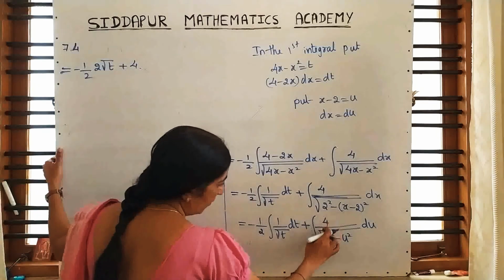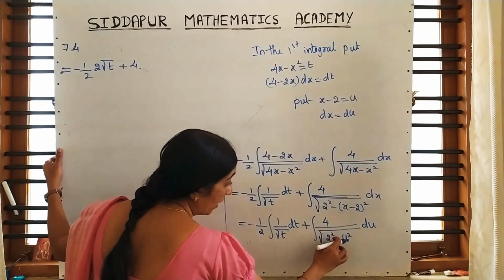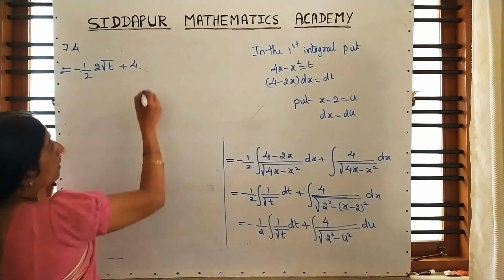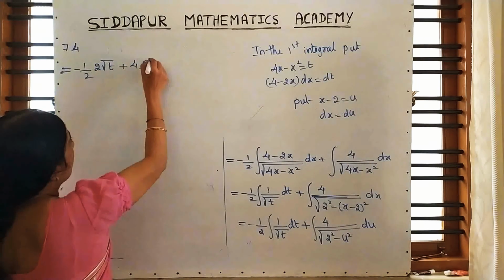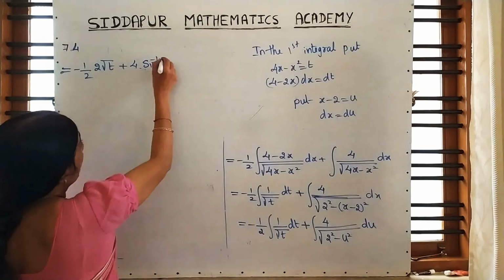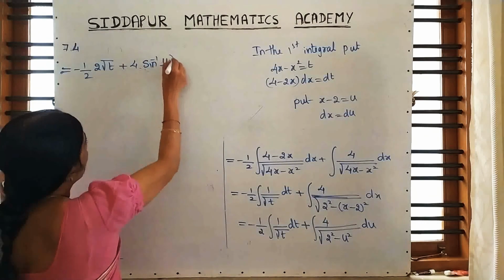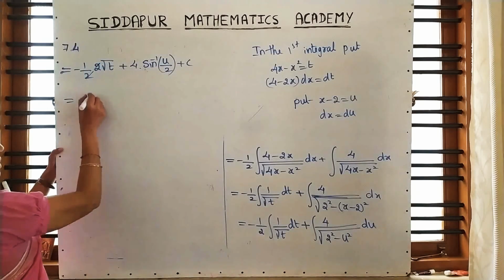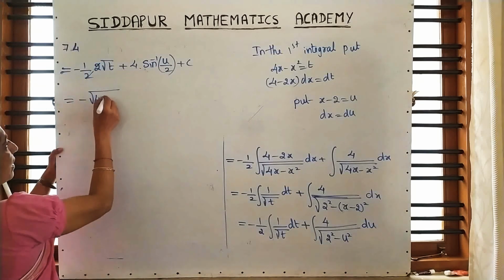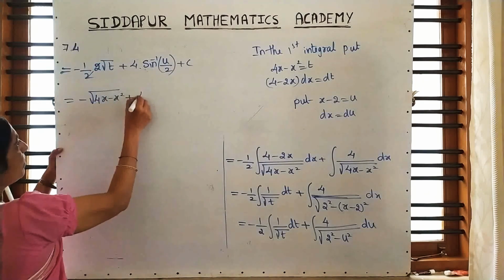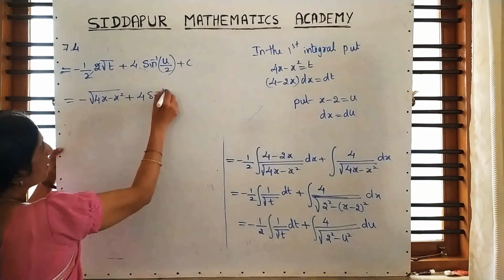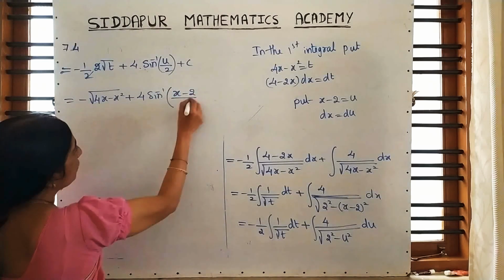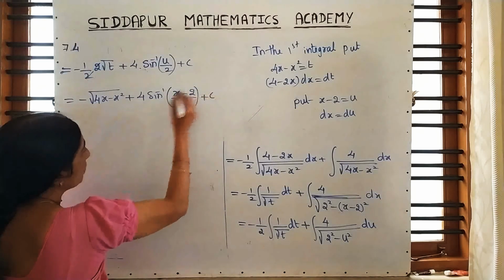Integration of 1 upon root of a square minus x square, if you have a formula list with you, please check, it is sine inverse of x by a. Here it is u by 2. Now write down t and u value. t is 4x minus x square, plus 4 sine inverse, u is x minus 2 upon 2, plus c.